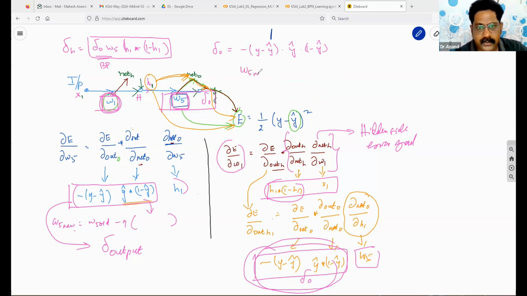W5 new is equivalent to W5 initialized, whatever the randomly taken or the previous iteration value, minus learning rate times delta naught. Okay, because I have not included the scaling factor. What is the scaling factor? H1, right? We explicitly keep this. Without this, the remaining term only we named as delta O, right? So this term.